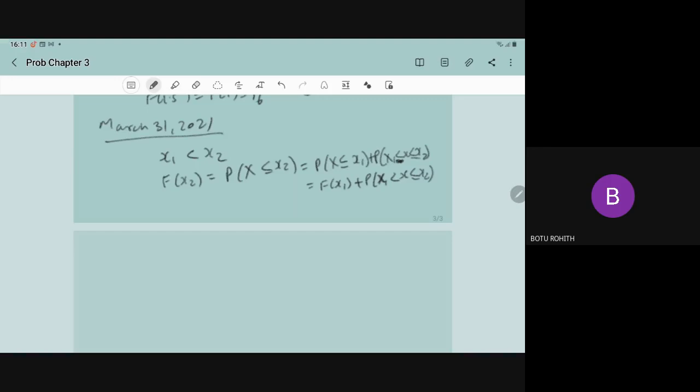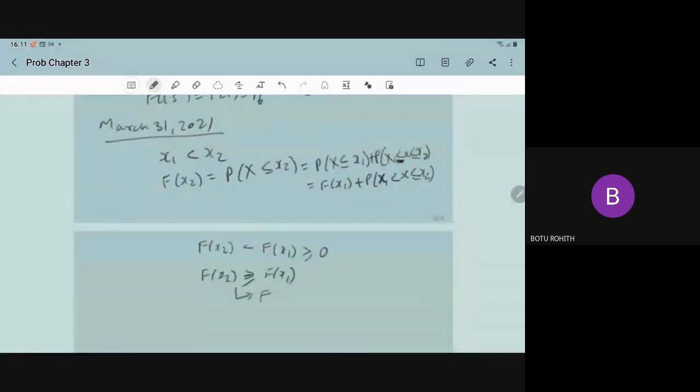You know that probability is always non-negative. So here we have F(x2) minus F(x1) ≥ 0. This implies that F(x2) ≥ F(x1). So this shows that F is a non-decreasing function.